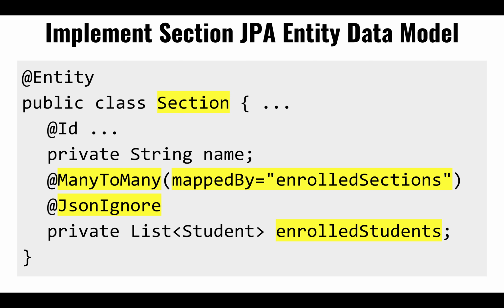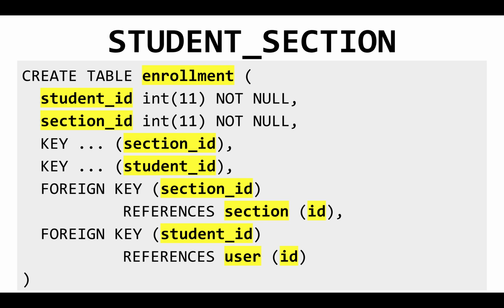And you would treat them in separate ways. You would do a find all, from the section's point of view, to find all the students in that section, or from the student's point of view, find all the enrollments, which has all the sections in that enrollment. So this is an actual mapping table, not an association.